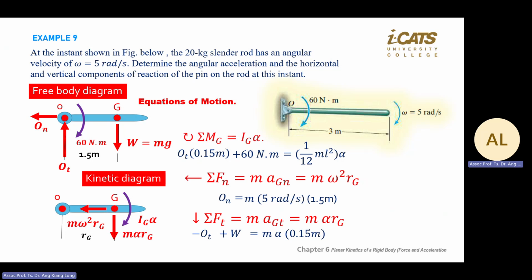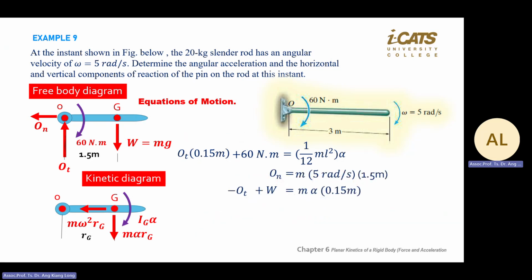Okay, the right hand side you look at the kinetic diagram. Don't copy the IG alpha. IG alpha in purple color is a moment, not a force. So once you have this, you then solve for the unknowns.